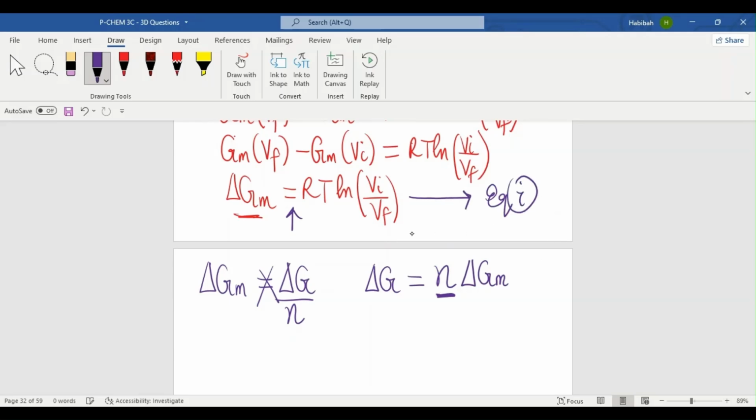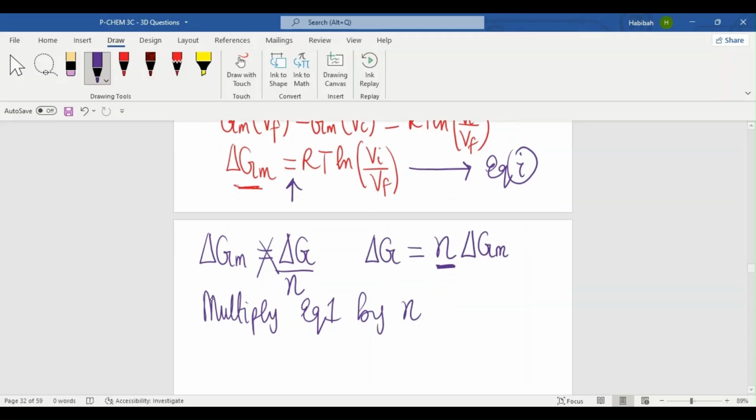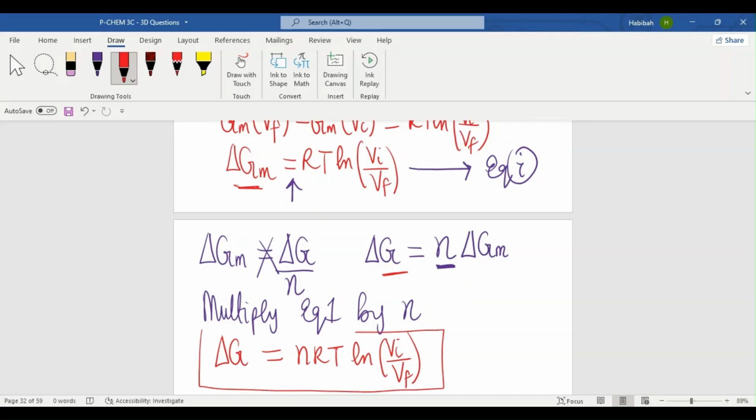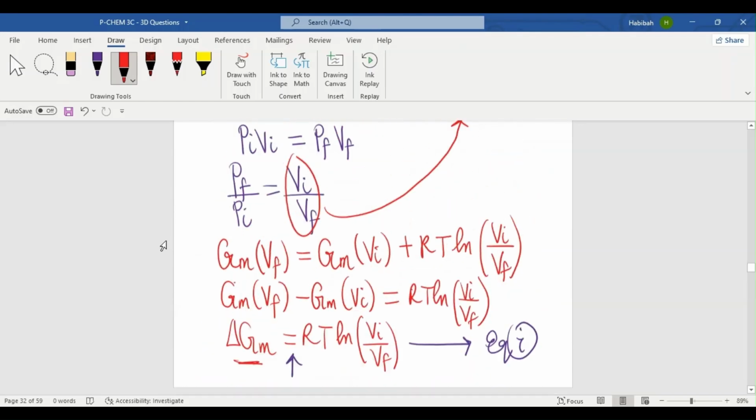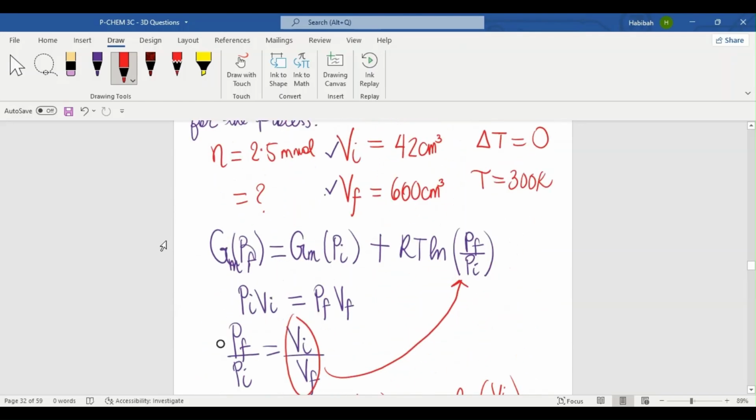We multiply equation 1 by the number of moles. When we do that, we end up with the change in G, which is what we're trying to find, equals nRT ln V initial divided by V final. That is the equation that we're going to use now to solve this question. The next thing you have to do, of course, is simply substitute.